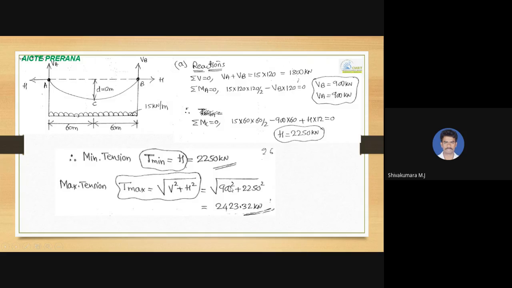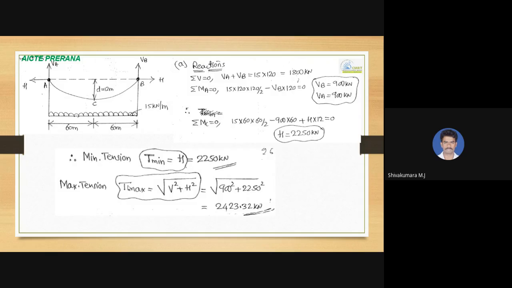So 900 square and 2250 square, maximum tension force is 2423.32 kilonewton. And minimum tension force, which is nothing but the horizontal force, T minimum, will be equal to 2250 kilonewton. If you compare 2250 and 2423.32, 2423.32 is maximum, so that is the maximum tension force.